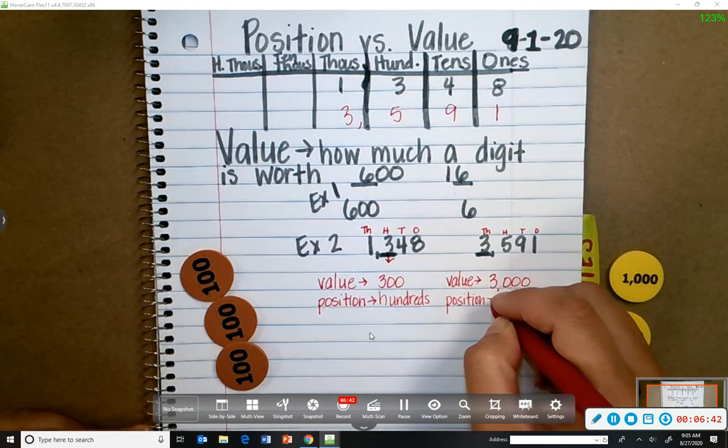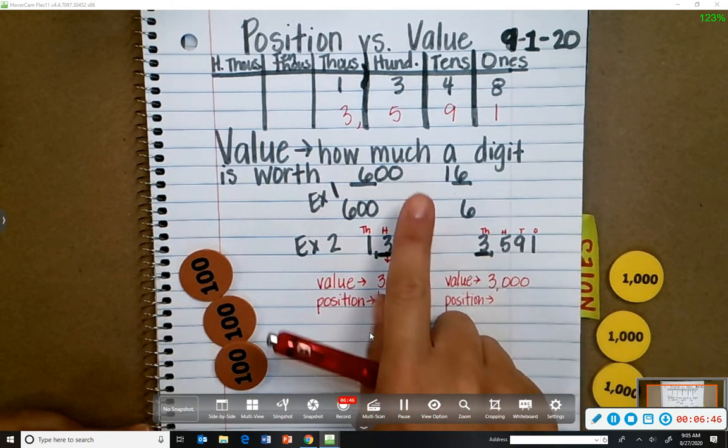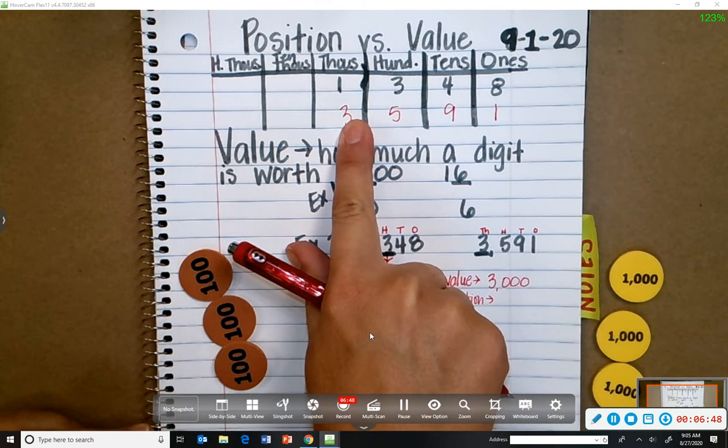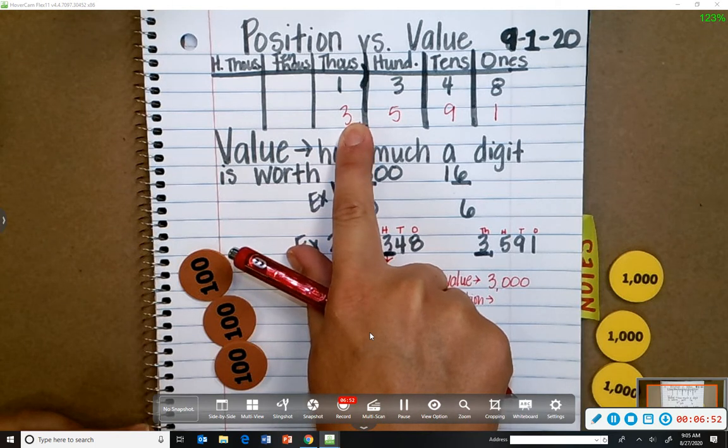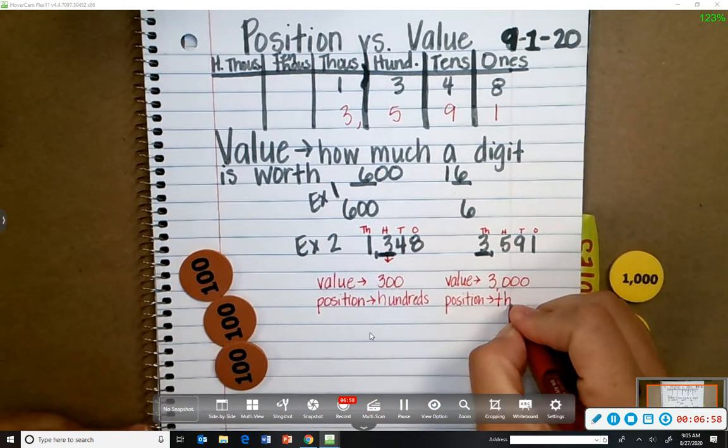Okay, now let's look at the 3 over here. We've already got it labeled. We even already put it in our place value chart. So all we have to do is look at where we put that 3. The position or the place value of this 3 would be the thousands place.